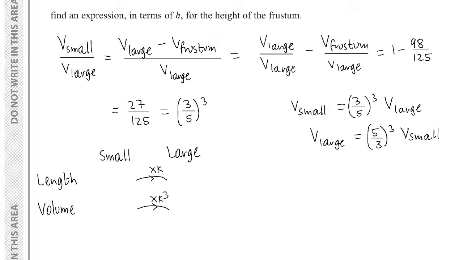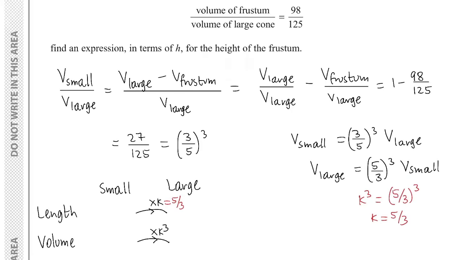So to go from the small to the large, I multiply by 5 over 3 cubed. So k cubed is 5 over 3 cubed, so k must be 5 over 3. That's the scale factor for the length.